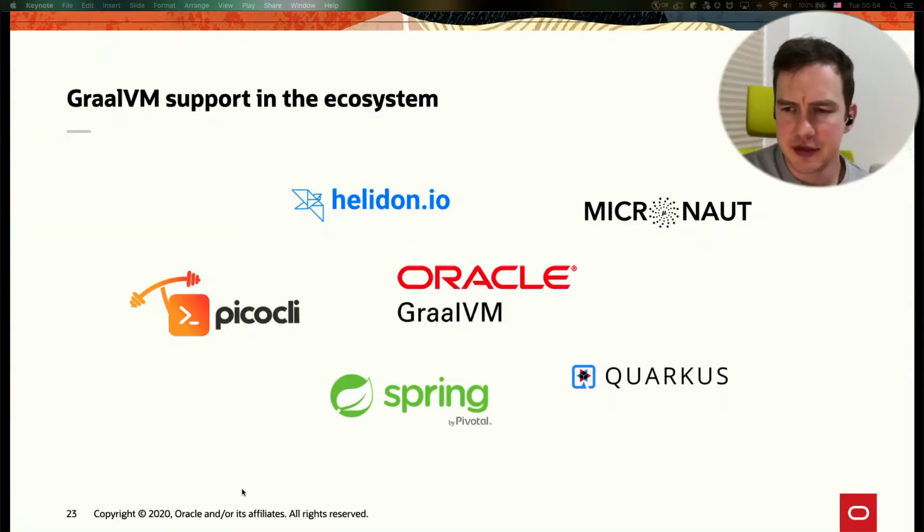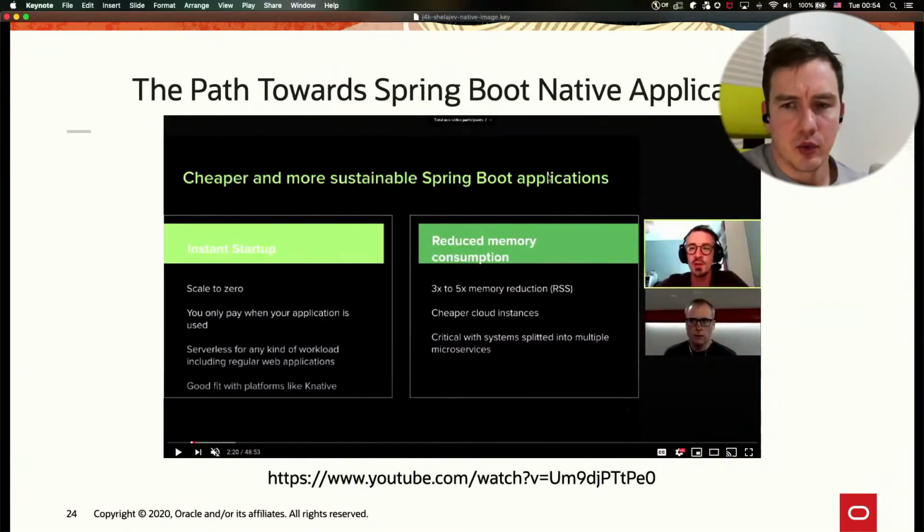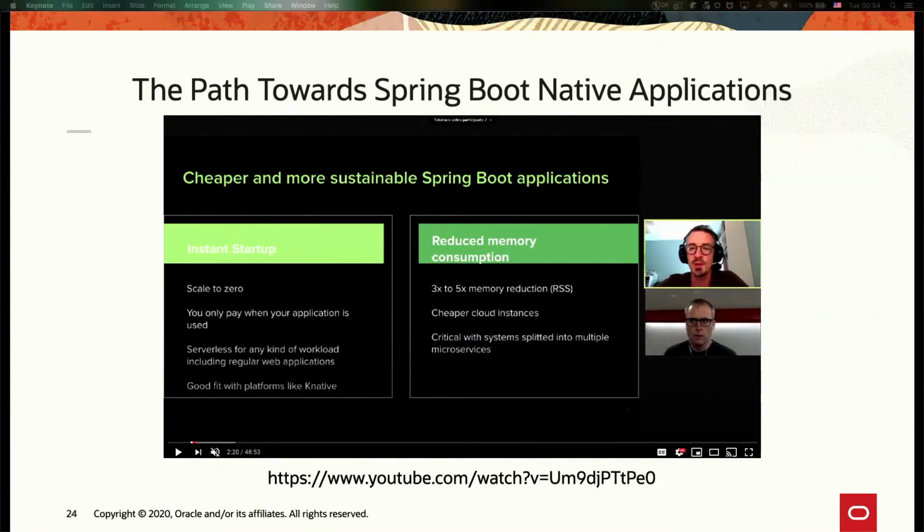And I know this is a very interesting topic for many of us. So I would wholeheartedly recommend the session from the recent SpringOne conference, the path towards Spring Boot native applications by Sébastien Deleuze and Andy Clement.